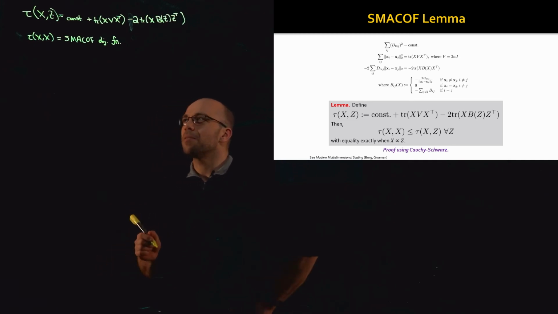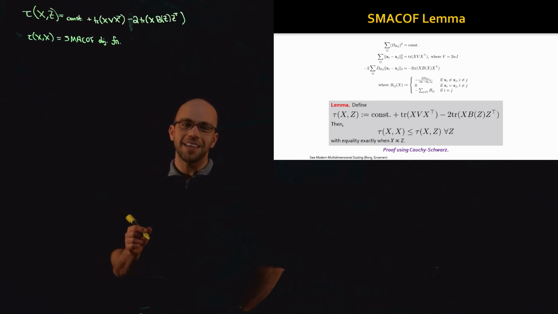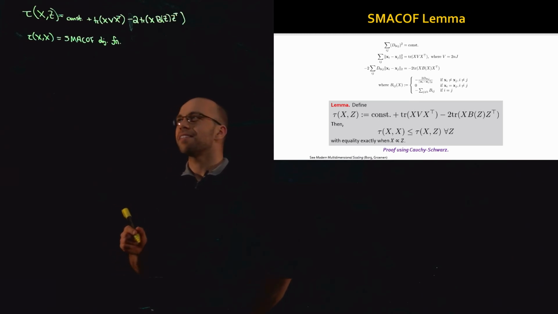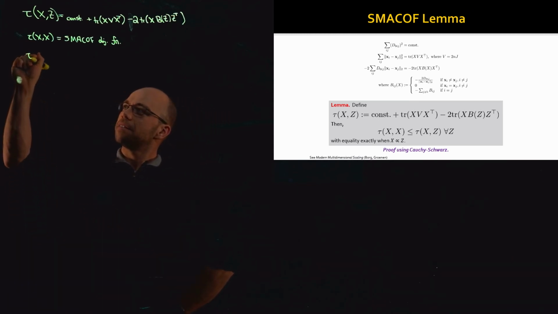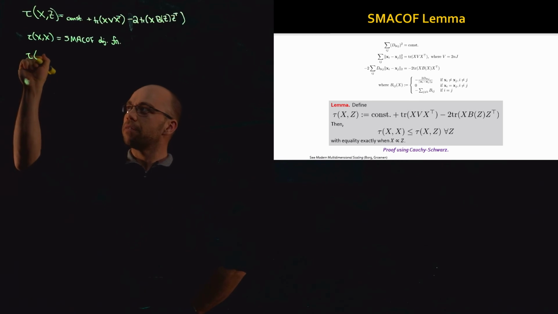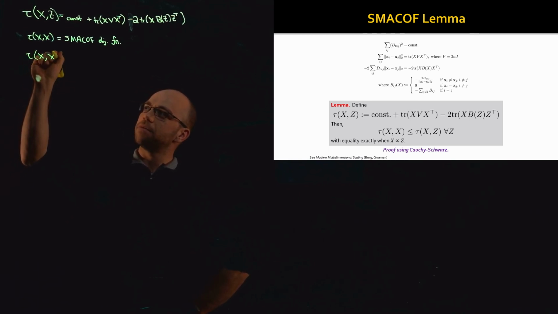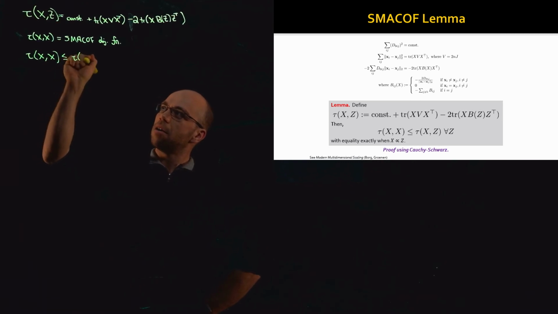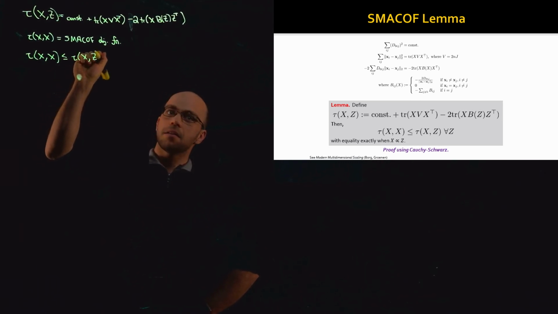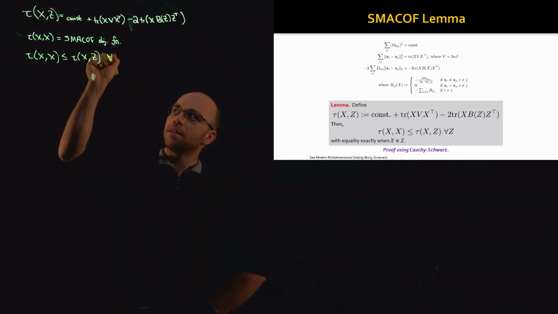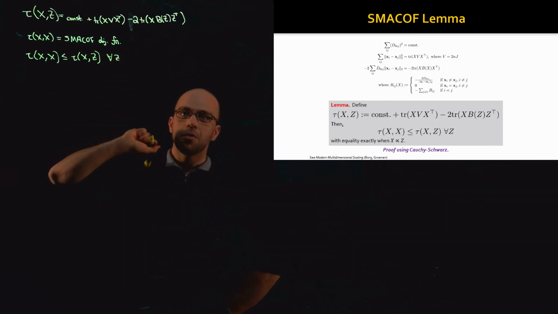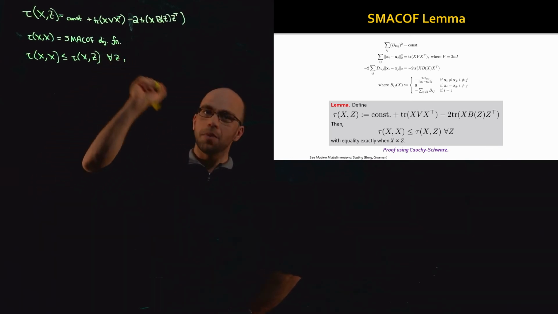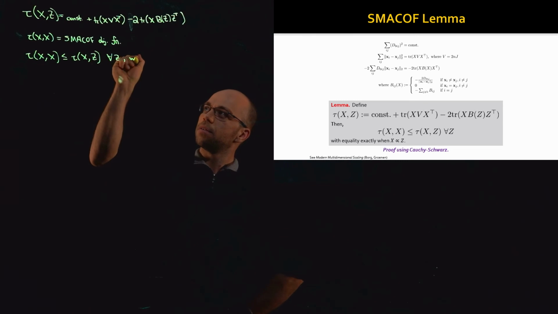And now what I'm going to prove is a sneaky little lemma here, which is that essentially tau of X comma X, which is our objective function, is upper bounded by tau of X comma Z for any choice of Z. And moreover, with equality only when the two things are parallel to each other.